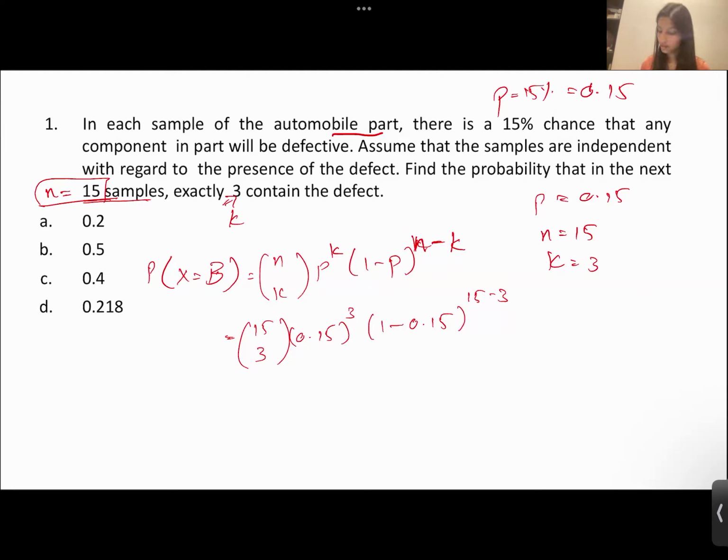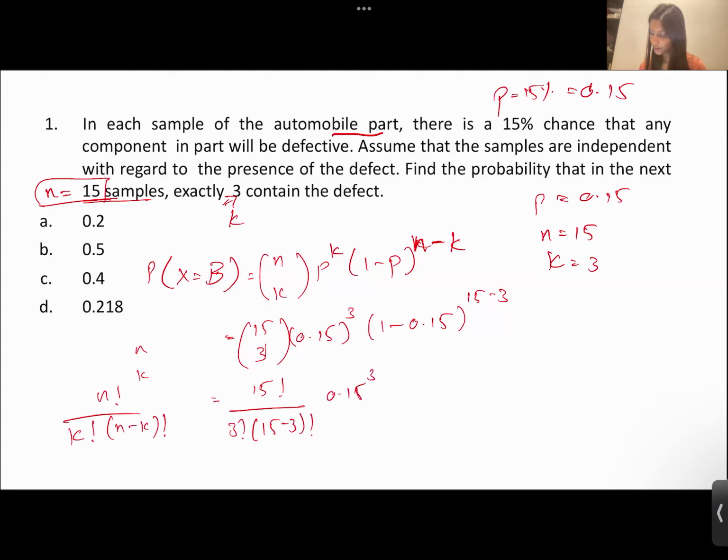Basically, your 15 choose 3 can be given by 15 factorial divided by, n choose k is given by n factorial divided by k factorial into n minus k factorial. So 3 factorial into 15 minus 3 factorial, into 0.15 power 3 and 0.85.